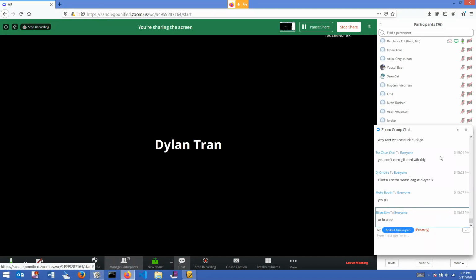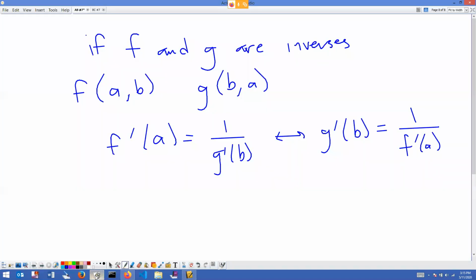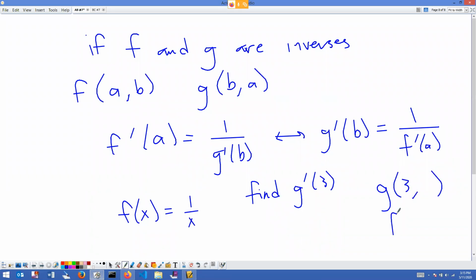All right, so we've got: if g is the inverse of f and f of x equals 1 over x, we want to find g prime of 3. If we're looking for g prime of 3, that means we know that g contains a point (3, something) and f contains a point (something, 3).